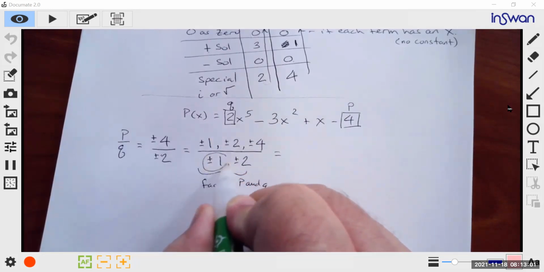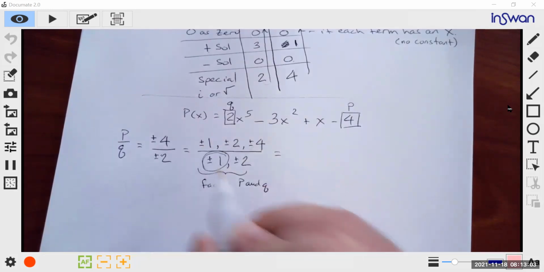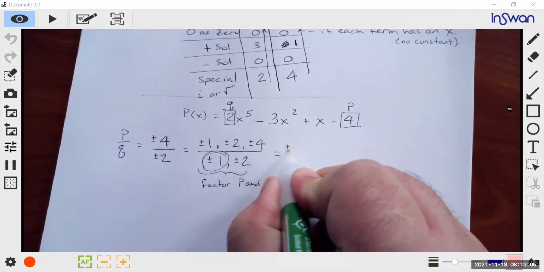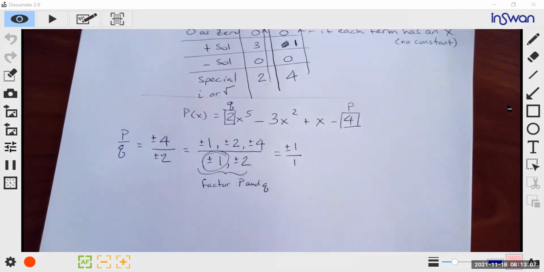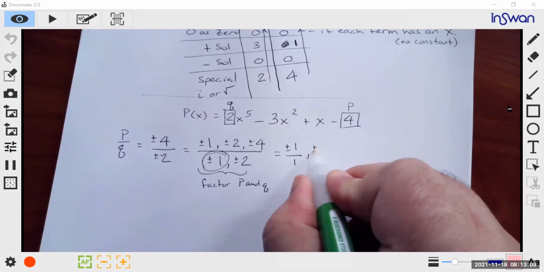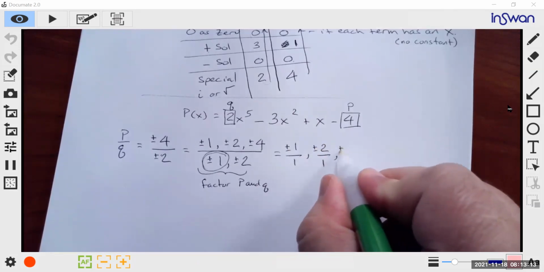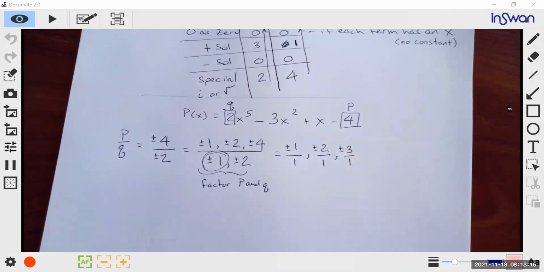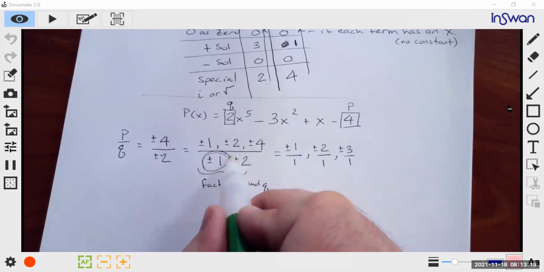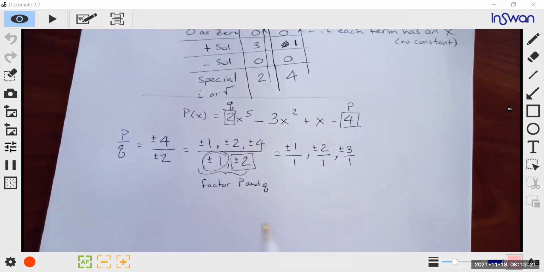We first put all of these top numbers over 1. So we have plus or minus 1 over 1, plus or minus 2 over 1, plus or minus 3 over 1. That's over the 1 on the denominator. Now we've got to do it for the 2.